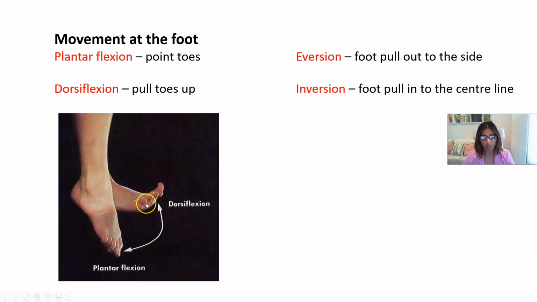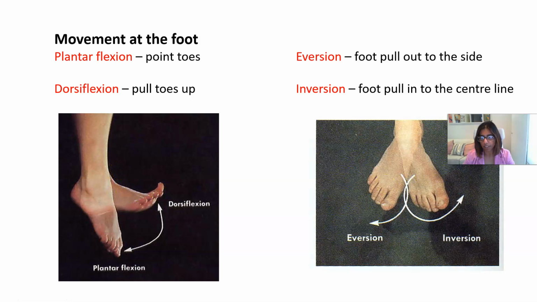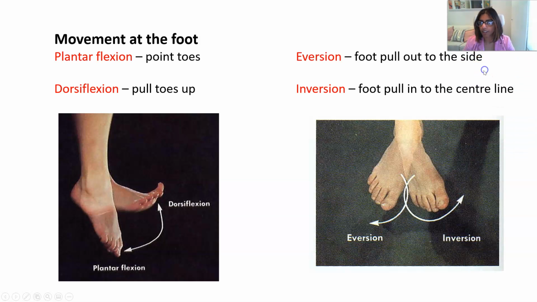And in dorsiflexion, we're pulling our toes up and we're increasing that angle. And if we have a look at eversion and inversion, you can see eversion is moving away from the midline of the body, whereas inversion, we're pulling the foot towards the center of the body.